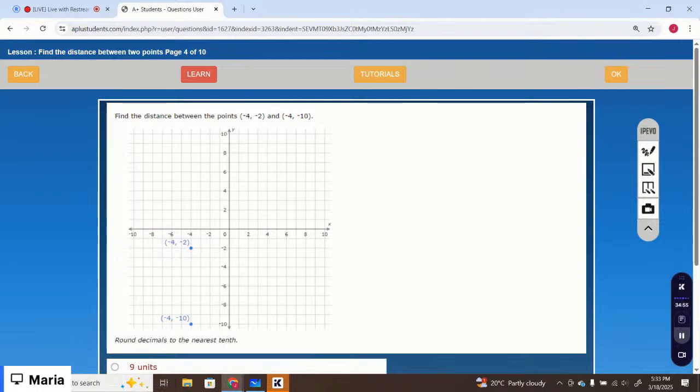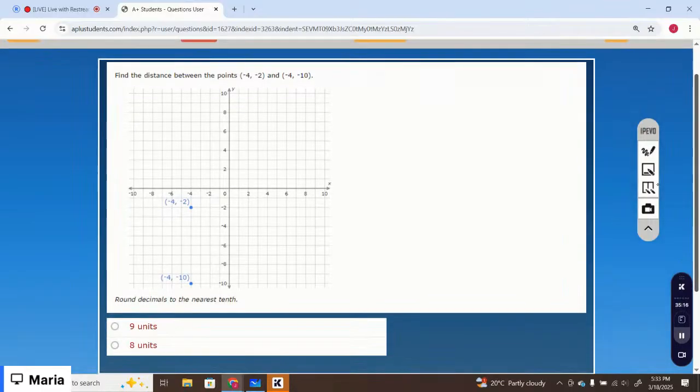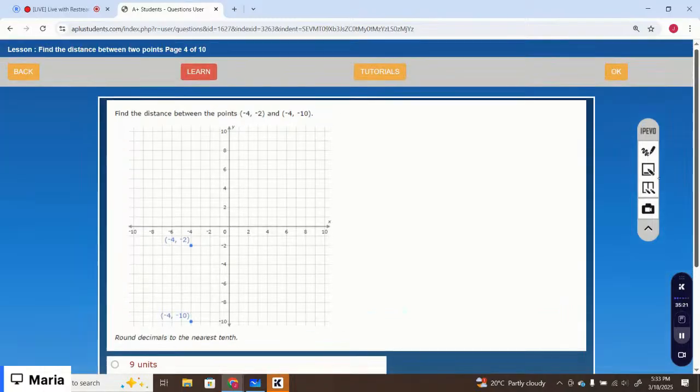Find the distance between the points -4, -2 and -4, -10. That is 8 units. Option number two is the correct option.